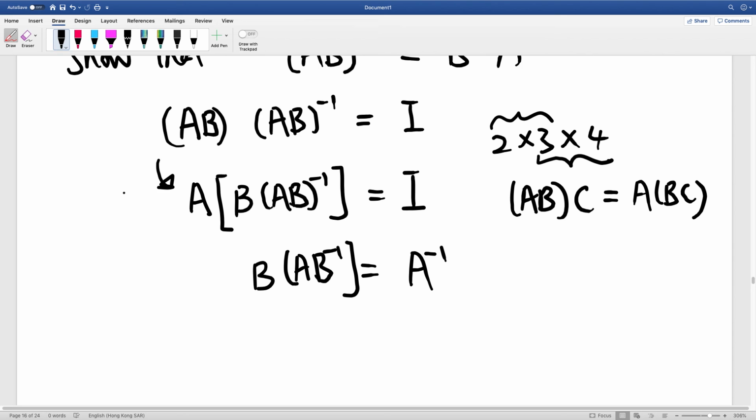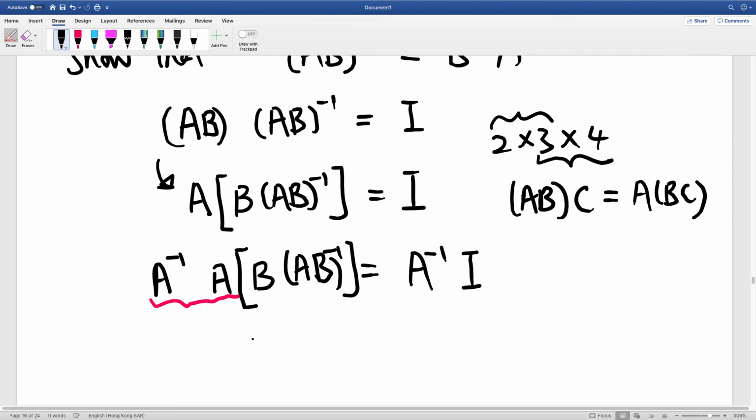Now, to be more rigorous, I should write it like this. Multiply the inverse of A on both sides, on the left hand side. And then this one will give you the identity matrix.